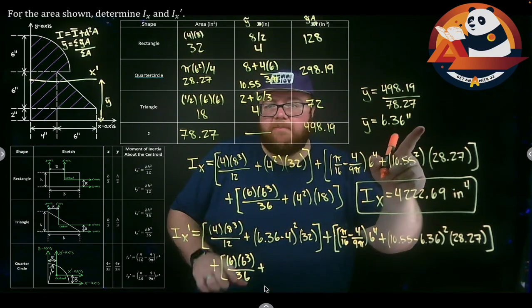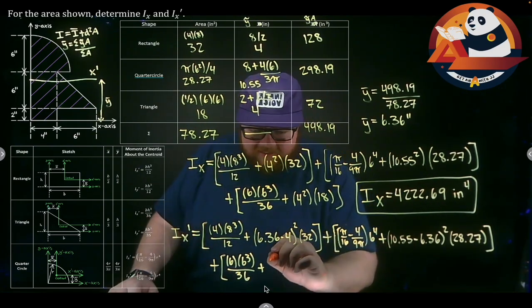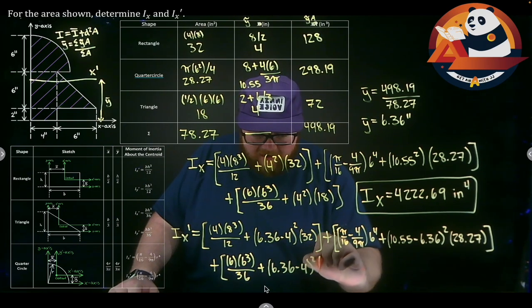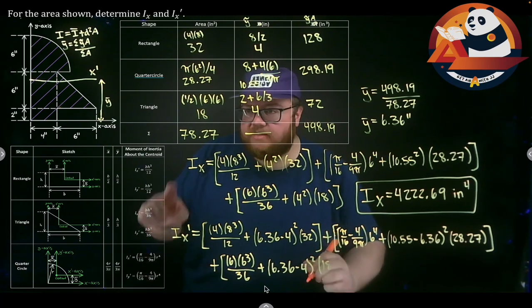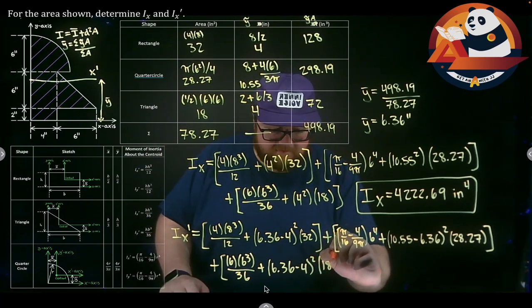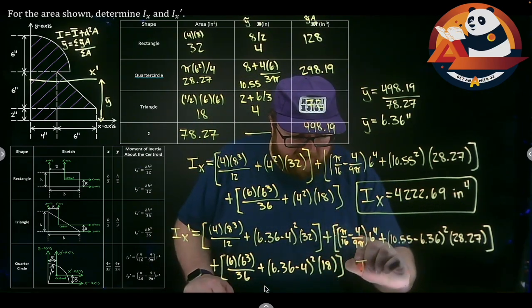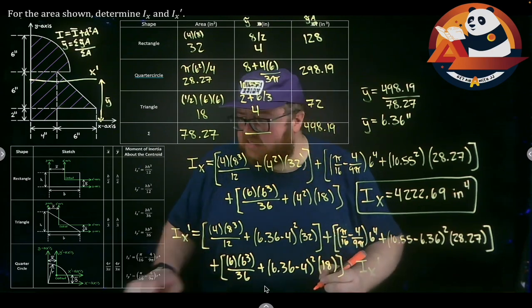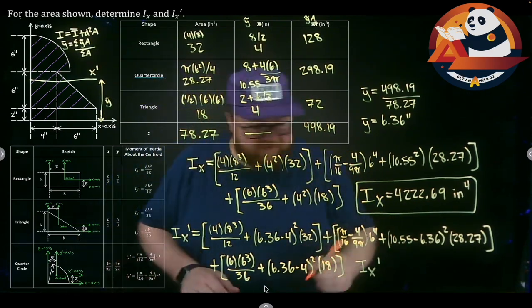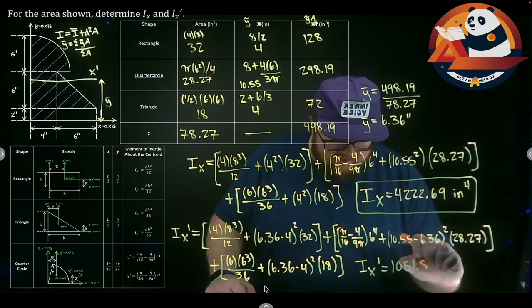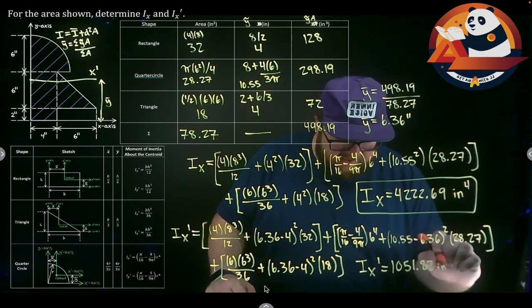We want to do y bar minus y tilde. 6.36 minus 4 squared times the area is still 18. Adding all of that up here, we're going to get that my Ix prime is equal to 1051.82 inches to the fourth.